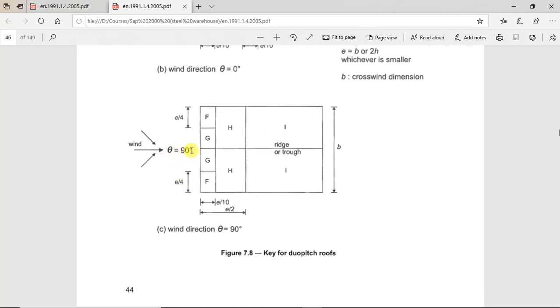The angle is 90, so WY, direction Y, F, G, G, F, H, H, I.